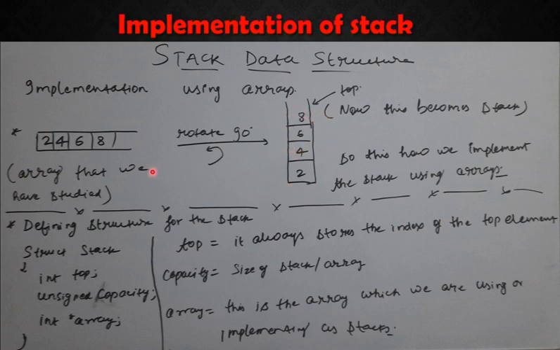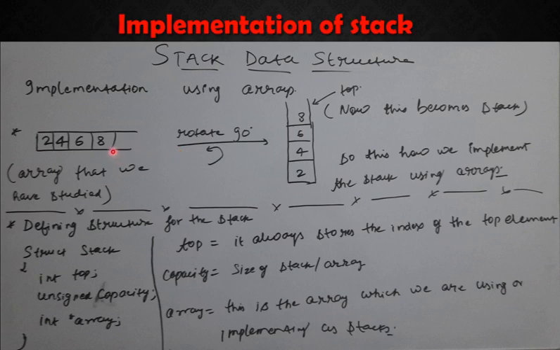If we want to implement the stack using the array, then if we just rotate this array by 90 degrees in the anti-clockwise direction, we get this stack. So stack is a kind of implementation which can be done using arrays.